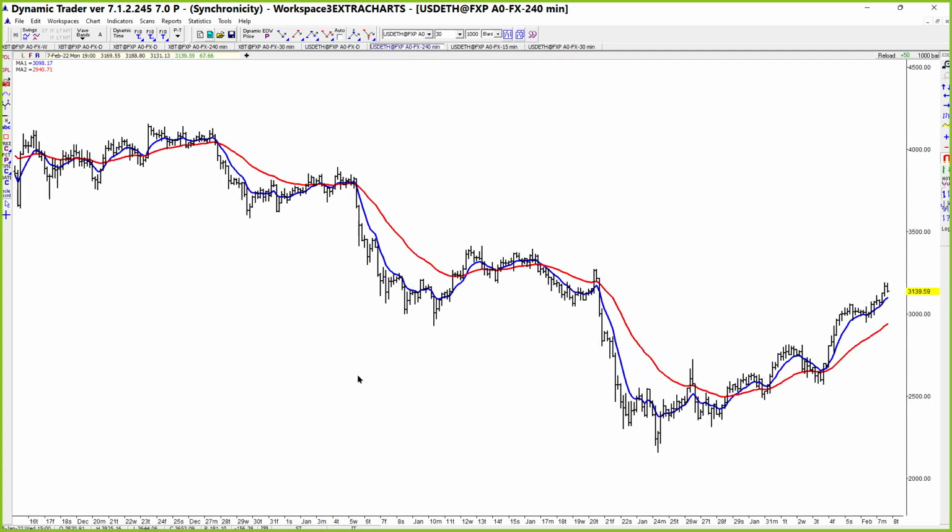Okay, so as far as trailing stops, we'll take a look at one of those examples, and I need to go back to the other workspace.